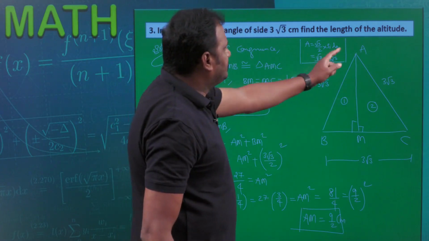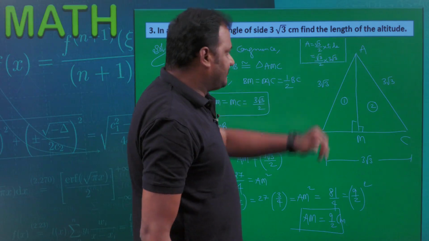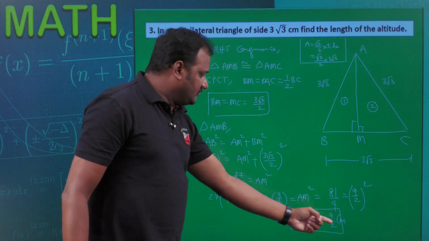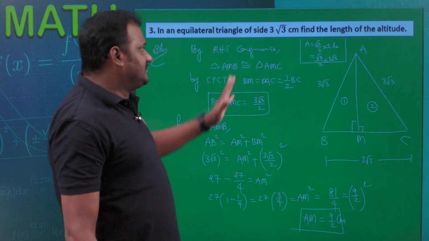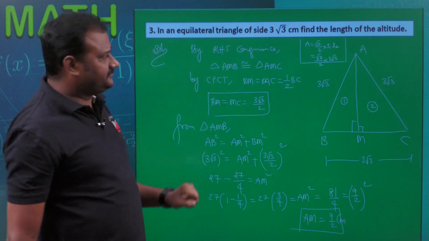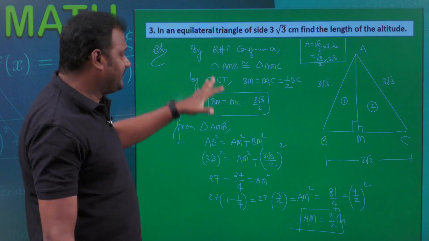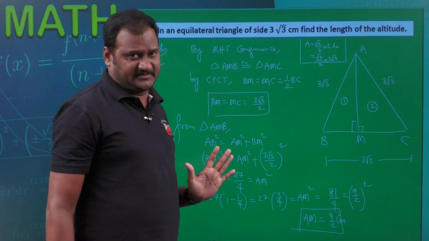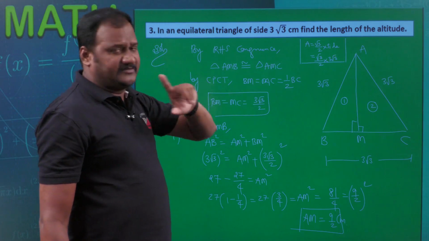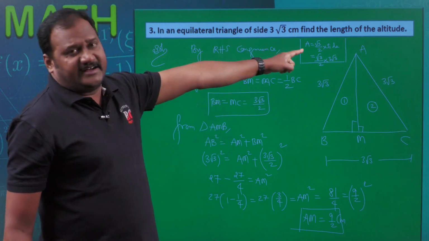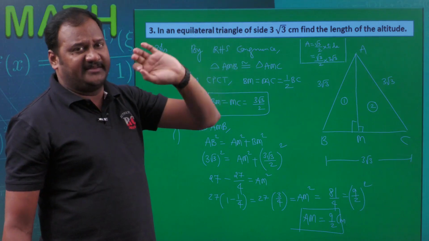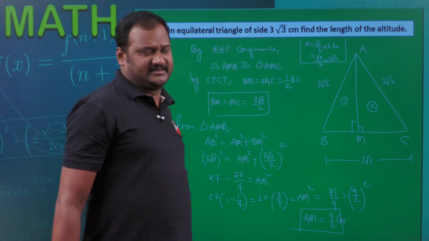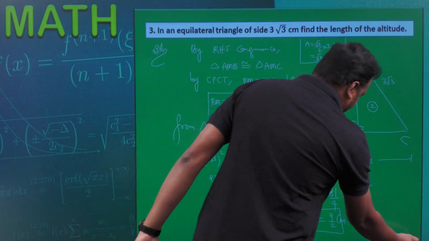So root 3 into root 3 is 3, 3 times 3 is 9, and 9 divided by 2 is the value of the altitude directly. Since it is a 2 marks problem, according to the marking scheme, you will have to provide the proper steps. Otherwise, if this problem is given for 1 mark, you can directly write that the altitude of an equilateral triangle is root 3 by 2 times its side, whatever the side is. Then directly you will get the answer.